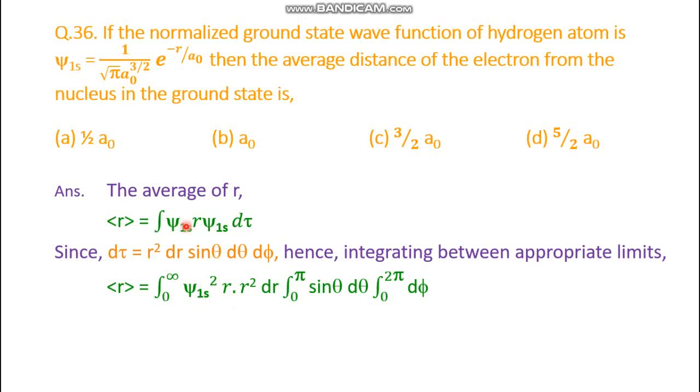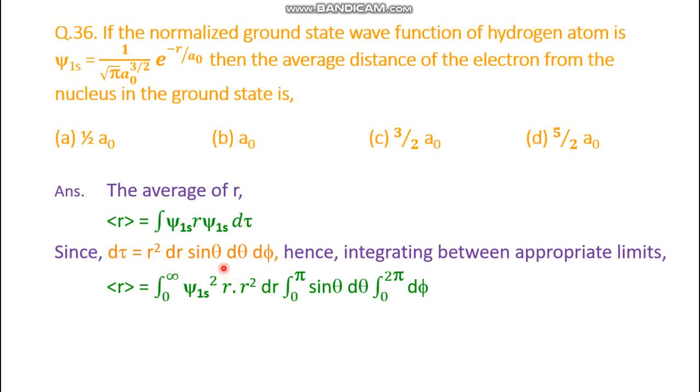Here psi 1s and psi 1s combined are written as psi squared 1s, with the limit from 0 to infinity. Then this r is this one. Now put the value of d tau. D tau is r squared dr.